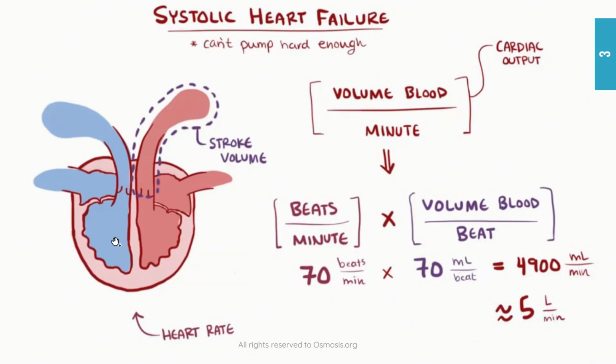This one that receives the blood from the body cannot fill enough. So if it cannot fill enough, this is diastolic, and this is what we don't focus on mostly here. But what we focus on more is the systolic one, the one with the issue with the left ventricle here.